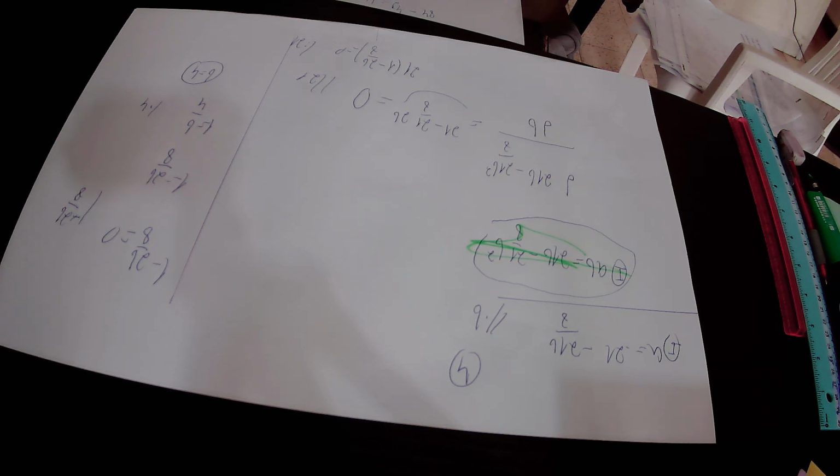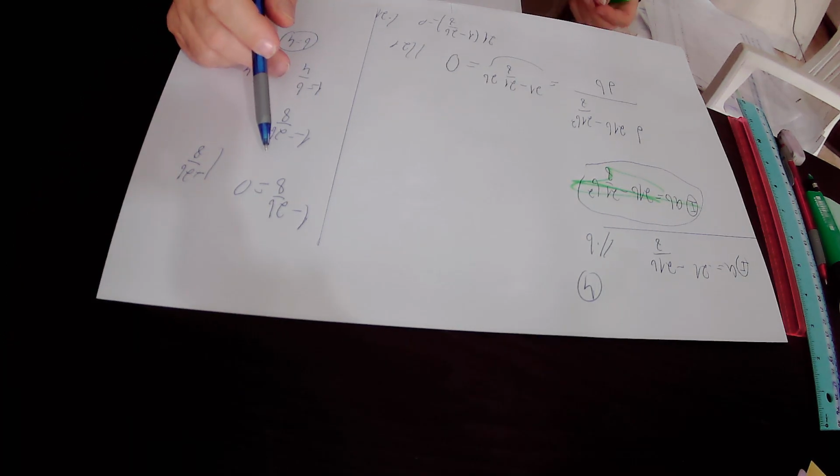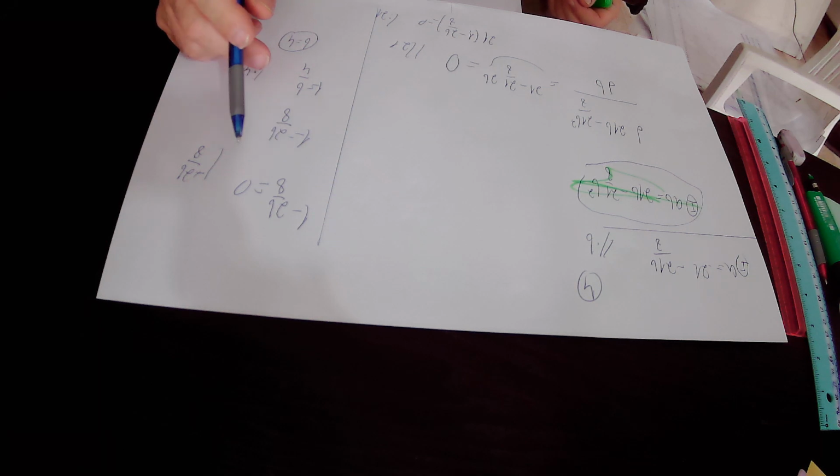So 21 times 1 minus 2b over 8 equals 0. Here we divided this equation by 21, and 21 over 21 is 1, so on this side of the equation we are left only with 1 minus 2b over 8, and here 0 over 21 is 0. So in conclusion, 1 minus 2b over 8 equals 0.